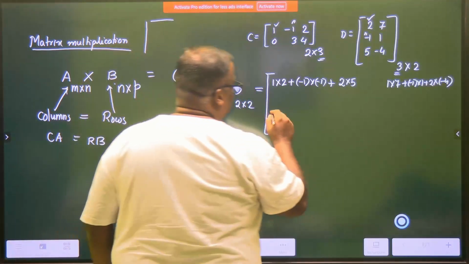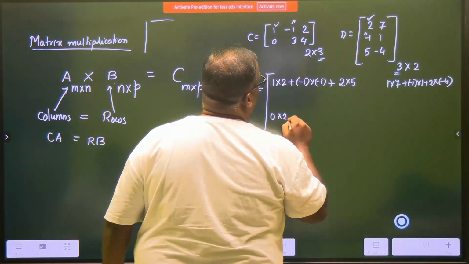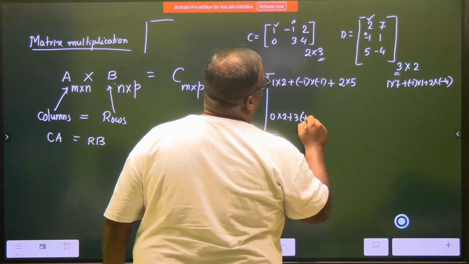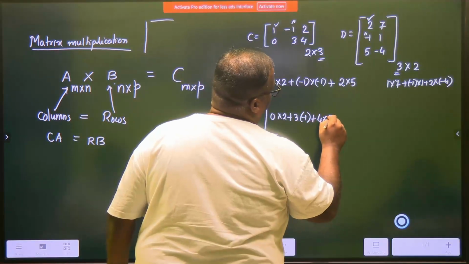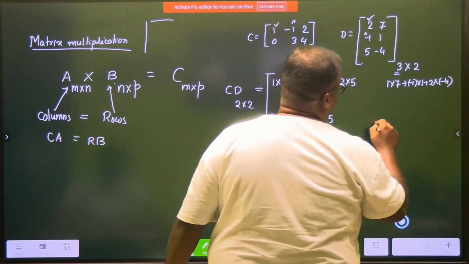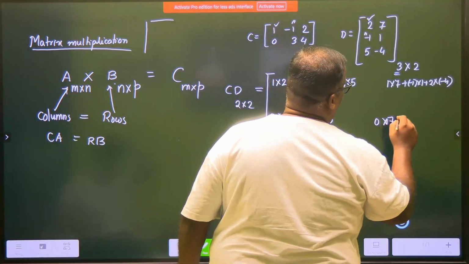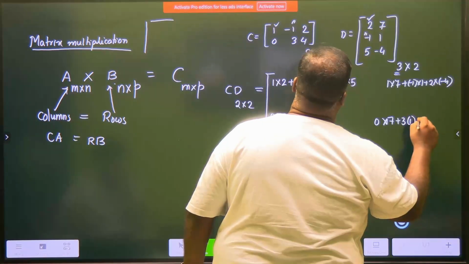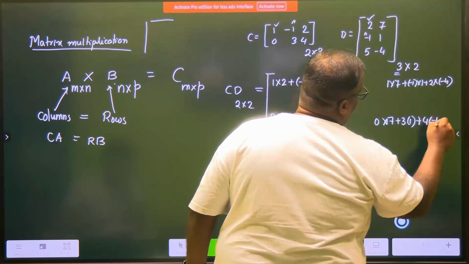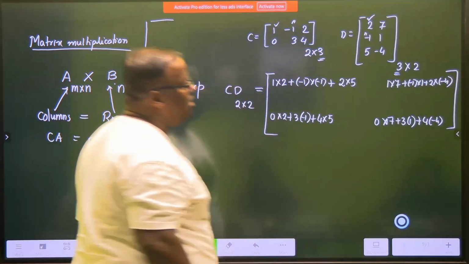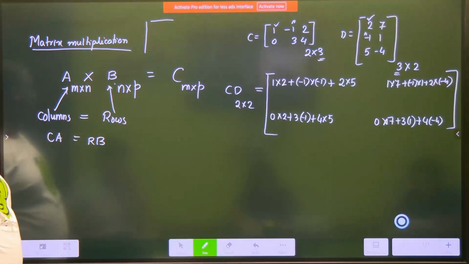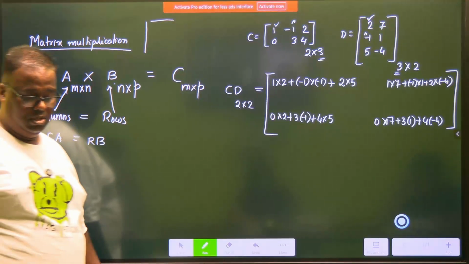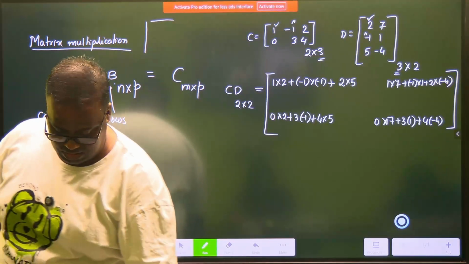So 0 multiplied by 2 plus 3 multiplied by -1, plus 4 multiplied by 5. Similarly, 0 multiplied by 7, then 3 multiplied by 1 plus 4 multiplied by -4. Look, isn't it a 2 by 2 matrix? It's a 2 by 2 matrix. Try to do it and report the answer.